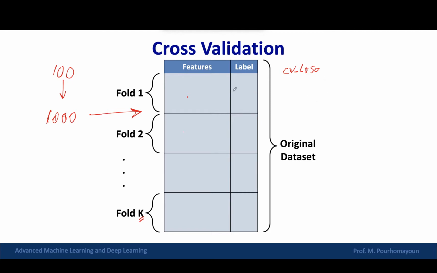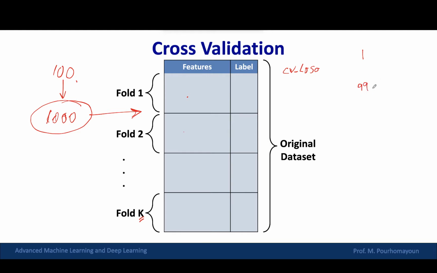It means that rather than putting all of the data of these 1,000 samples together and splitting them into k folds, we have 100 patients, so we leave one subject out and train on the data of 99 patients.